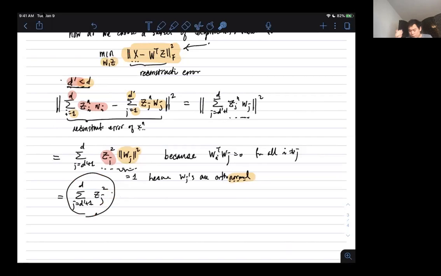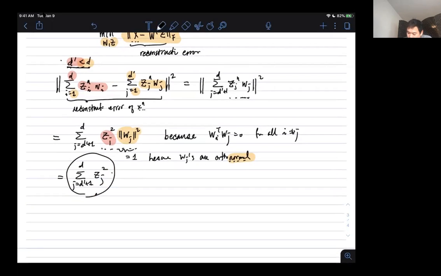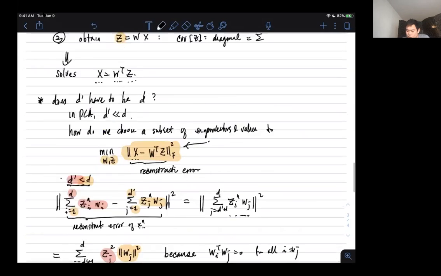I'm actually going a bit too quickly. So what is this term? This in fact is a sum over j going from D prime plus 1 to D of the eigenvalues. So why is it eigenvalues? What were these eigenvalues in the diagonal? That diagonal was the variance. So the diagonal consists of the variance of each dimension of the code.